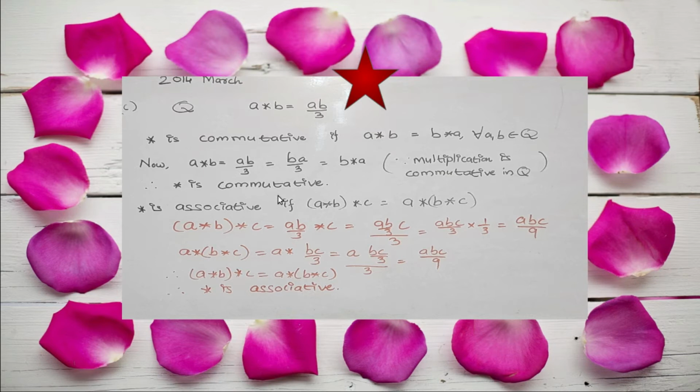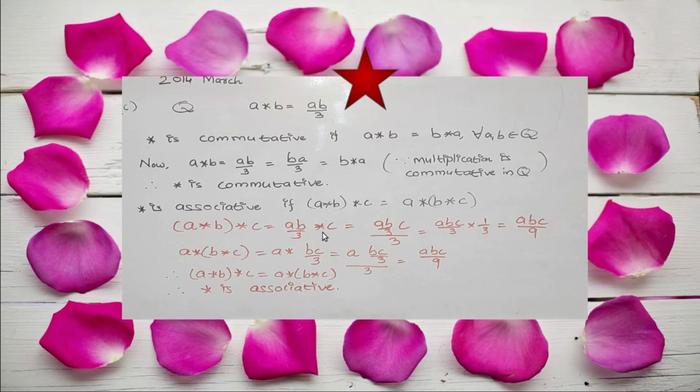So star is commutative. Star is said to be associative if (a star b) star c equals a star (b star c) for all a, b, c belonging to Q. Now take the LHS, (a star b) star c. Apply star to this bracket: ab by 3 star c.